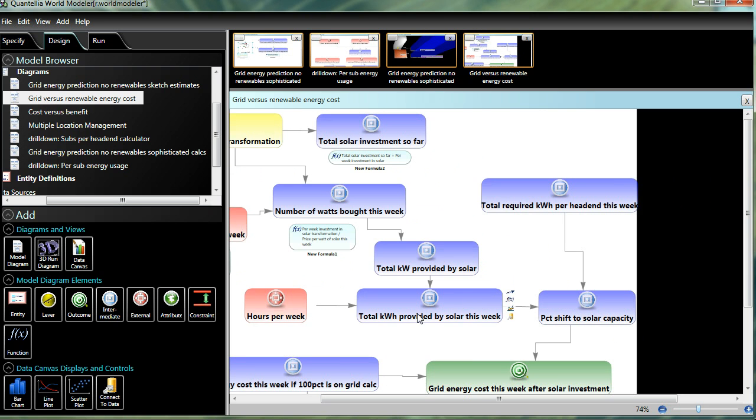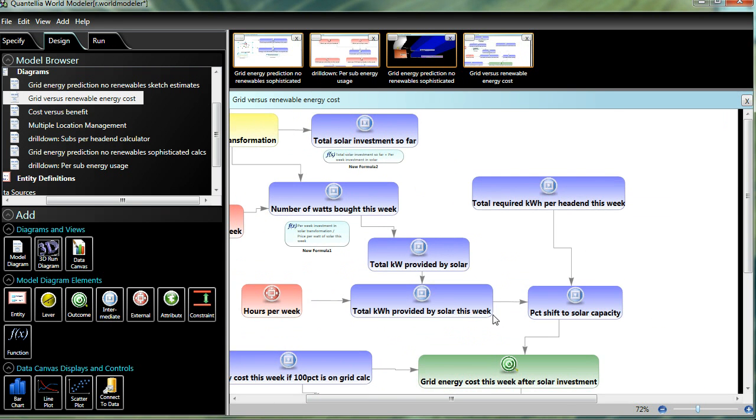So if we take that total kilowatt hours that the solar farm is now able to generate, and we divide that by the total kilowatt hours that all subscribers need at this head end, we get this percentage shift to solar.